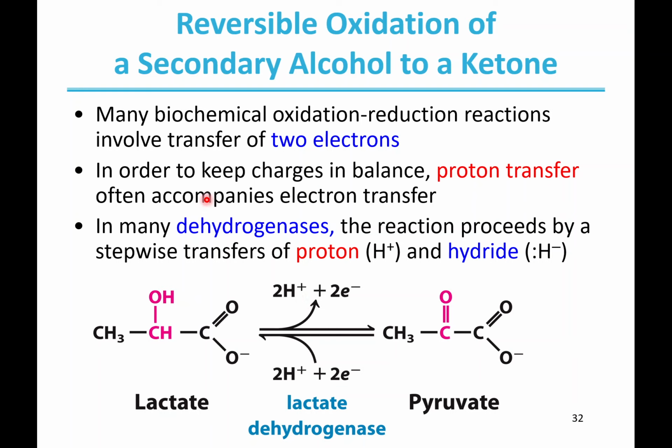Enzymes that carry out oxidation reduction reactions are referred to as dehydrogenases. Usually they proceed by a stepwise transfer of a proton, an H plus, and then a hydride, which is a hydrogen that has 2 electrons. So the sum of that would be 2 H pluses and 2 electrons being transferred.